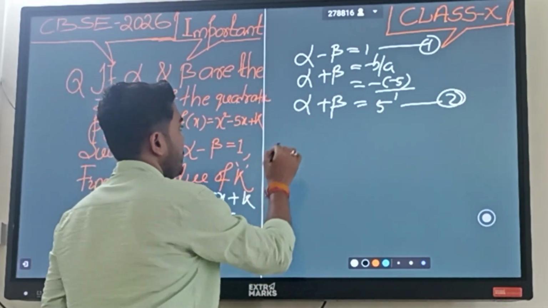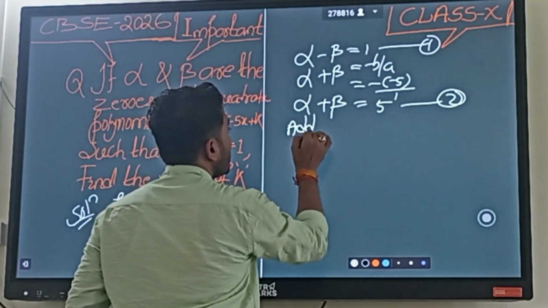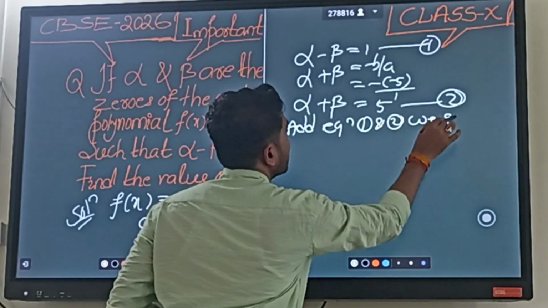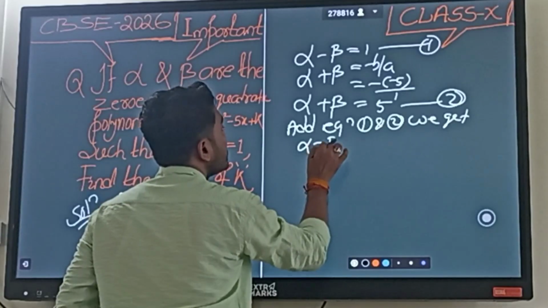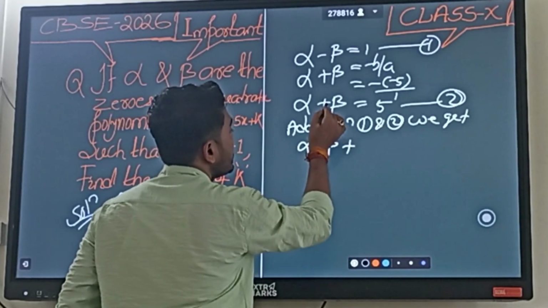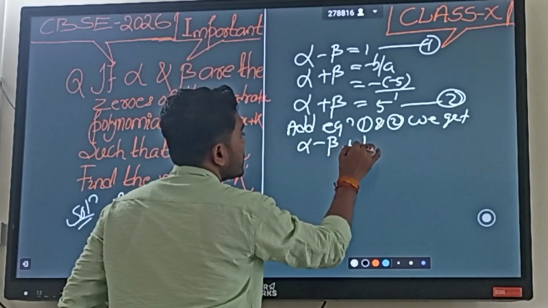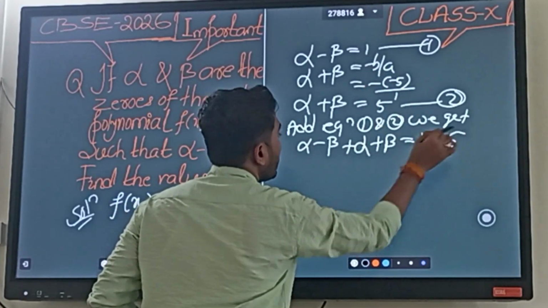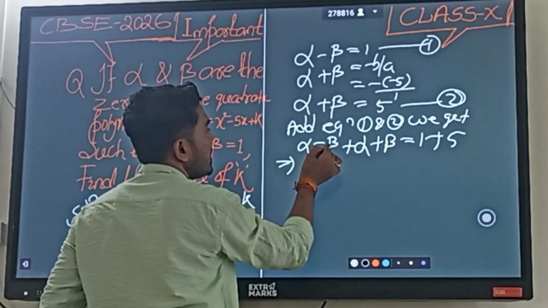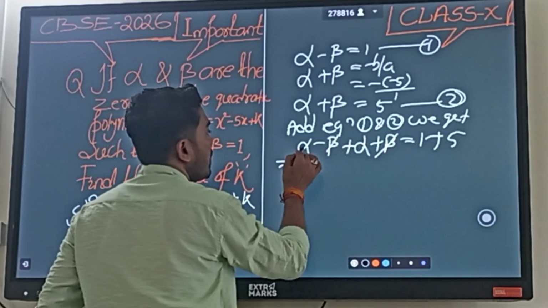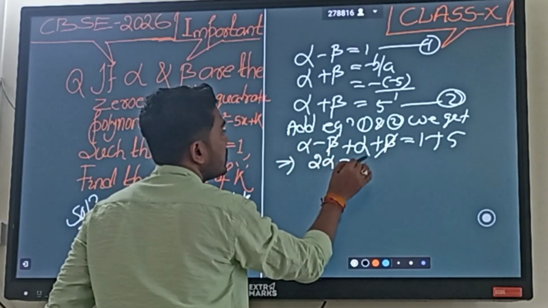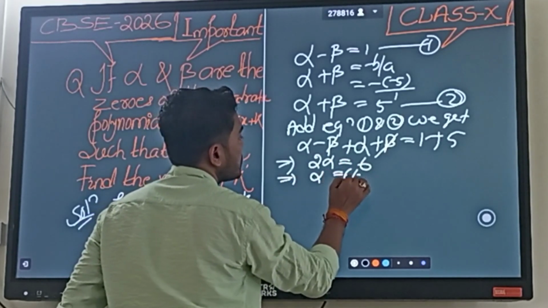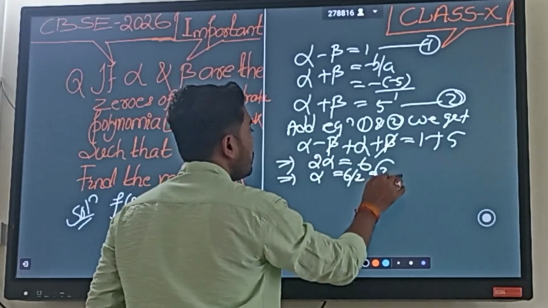Adding equations 1 and 2, we get alpha minus beta plus alpha plus beta equal to 1 plus 5. So beta and beta cancel out, 2 alpha is equal to 6. This implies that alpha is equal to 6 by 2, which is 3. So one root you got is 3.